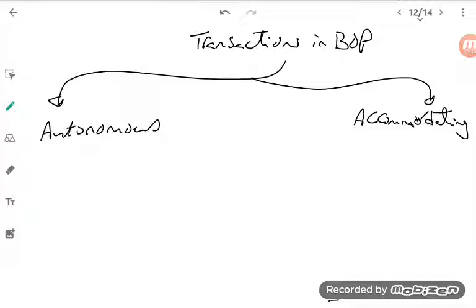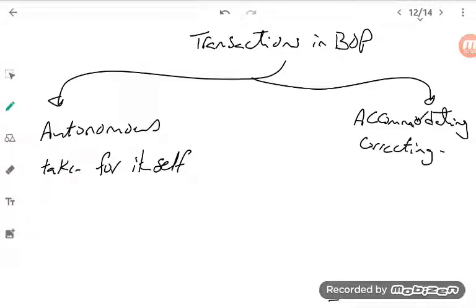Autonomous transactions are transactions taken for itself. But accommodating is a correcting action. So all current account and capital account items are autonomous, while the accommodating is the official reserve balance.